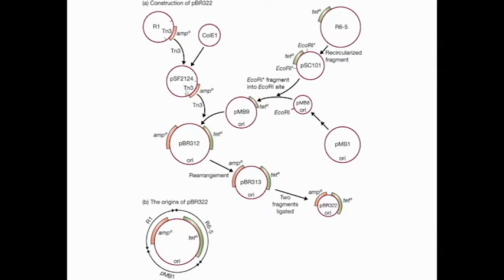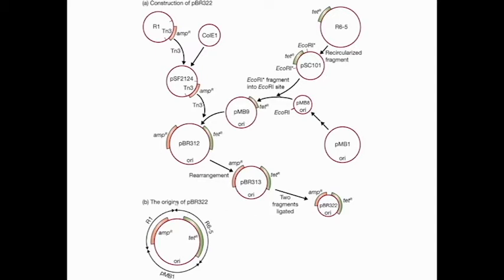Then they introduced the Tn3 piece, the ampicillin resistance gene, into pMB9 to produce pBR322. Then they rearranged the plasmid to give the final version of pBR322.